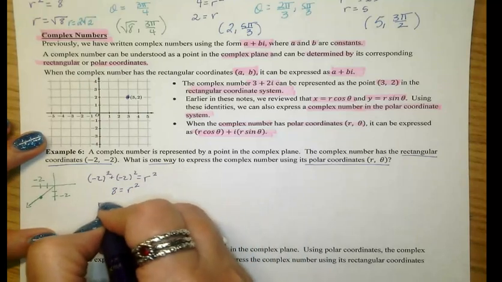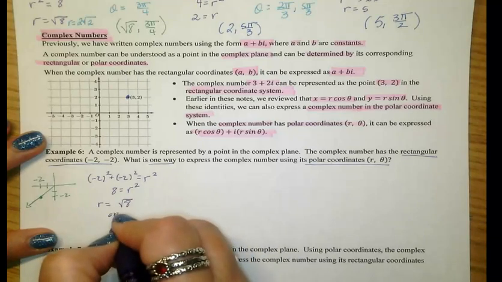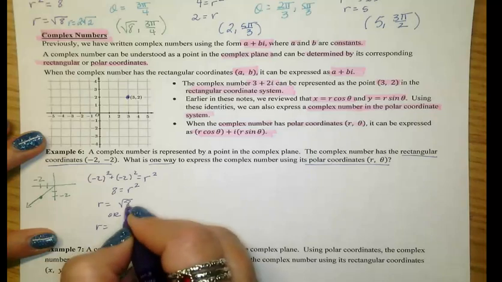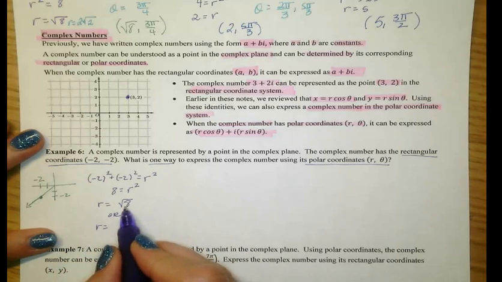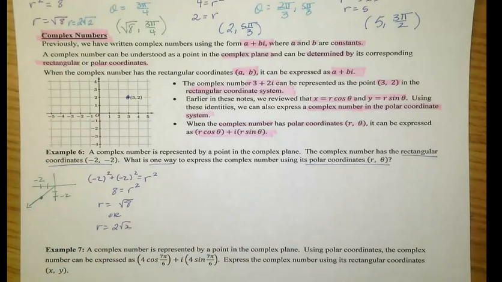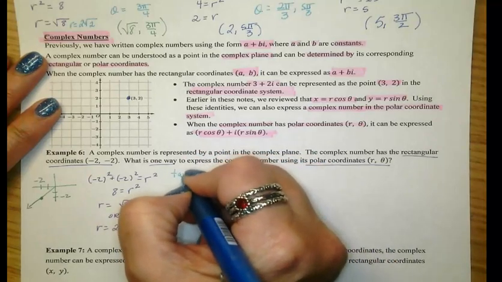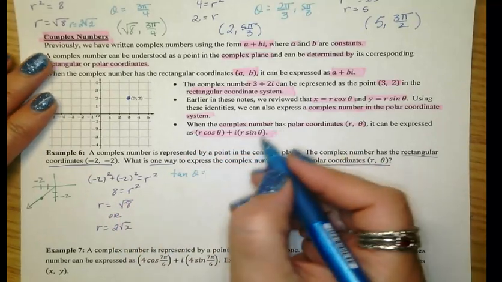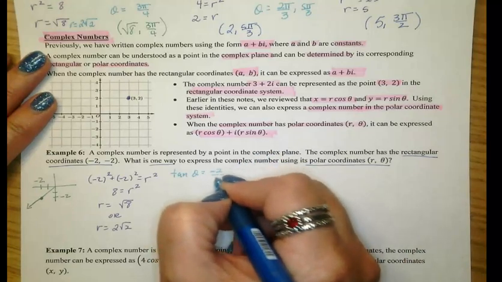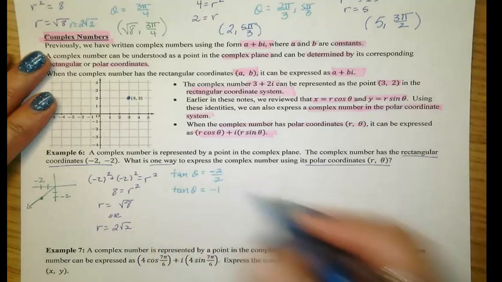And so r is going to equal square root of 8, or r can equal, break it apart, perfect square 4 times 2. So I get 2 root 2 as the approximation. Okay, then we're going to look at the tangent. So tangent of theta is going to equal, and then I have my y over my x. So tan of theta equals -1.